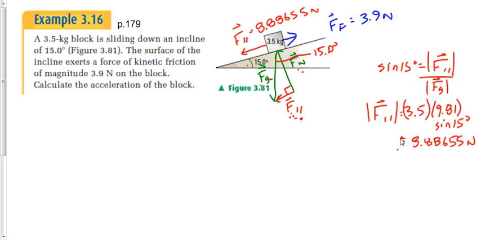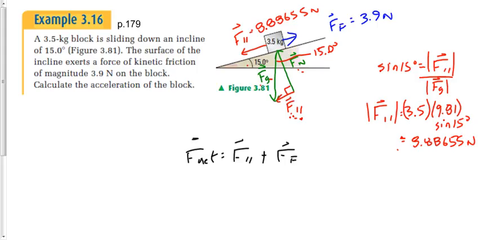All right, where are we at now? Now it's easy. F net is equal to the sum of the forces. We're going to say F parallel plus FF. Anybody explain to me why I did not put Fn or Fg in there? Why did I only include the two forces at the top, F parallel and FF?